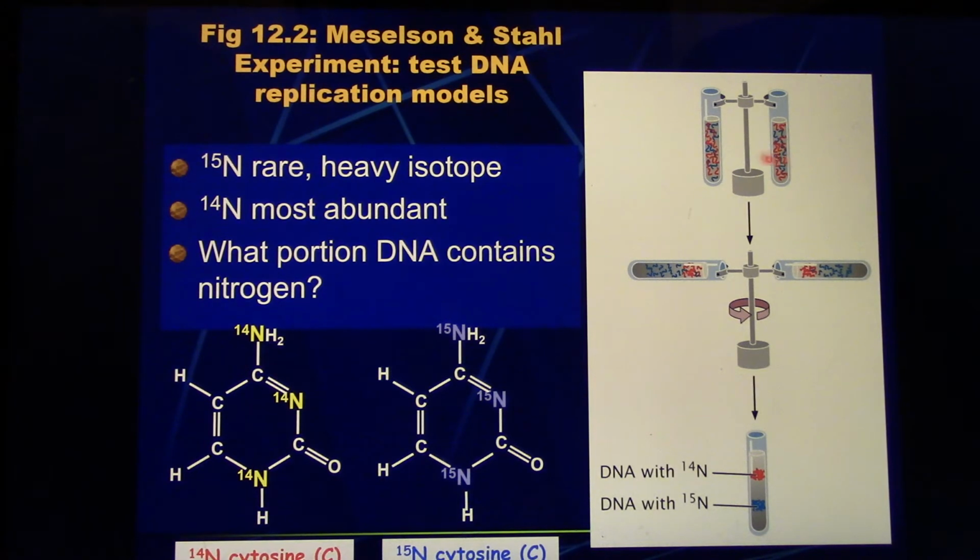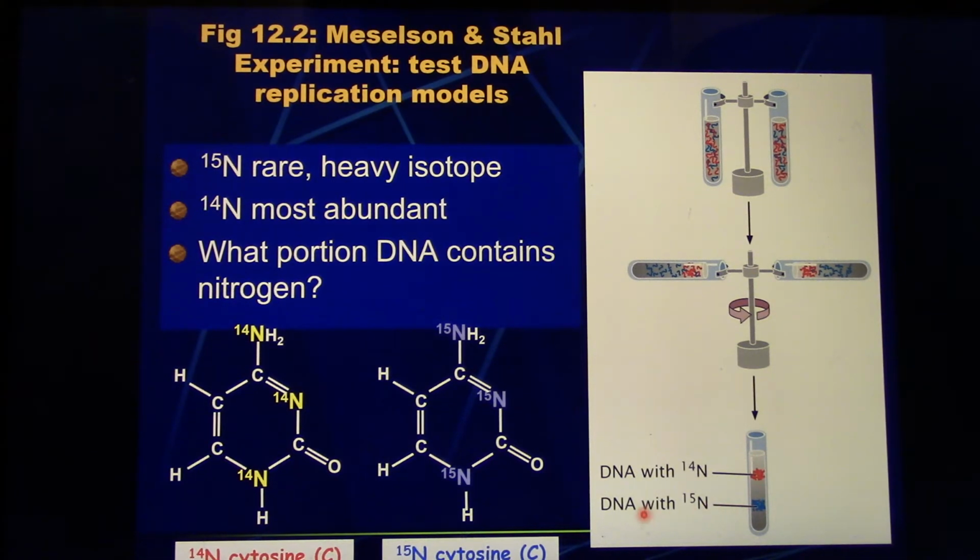So when DNA is made of nitrogen-14 and 15 and you put it into a test tube with a semi-solid matrix, a liquid that's a little bit like gelatin, and you spin it in a centrifuge, you get centrifugal force. The things that are heavier are going to travel the farthest in this gelatin-like substance.